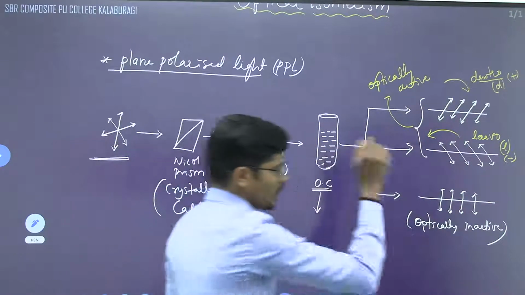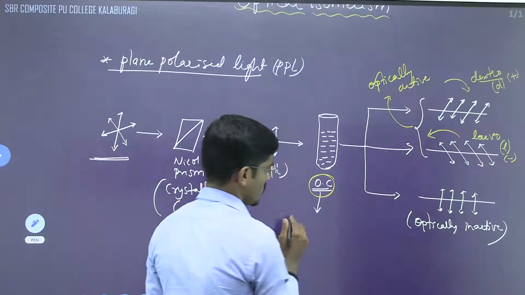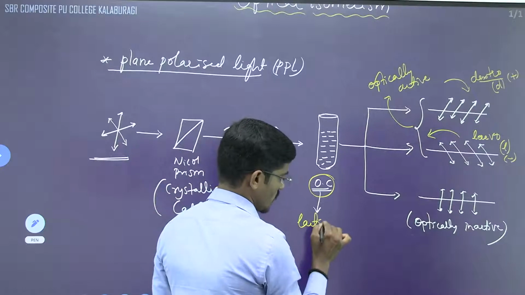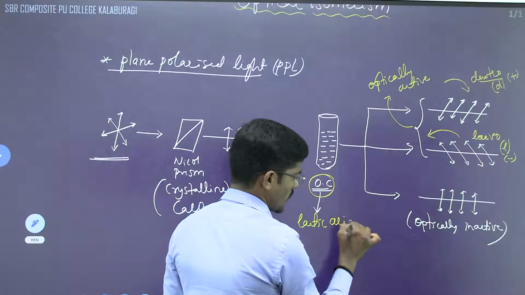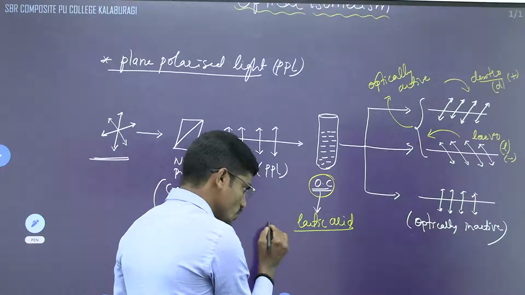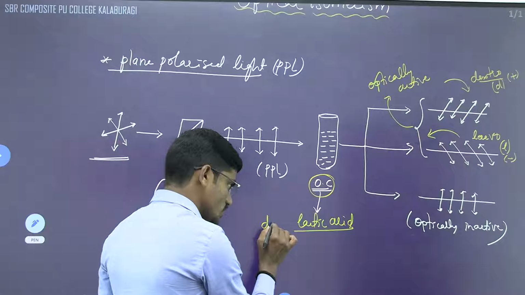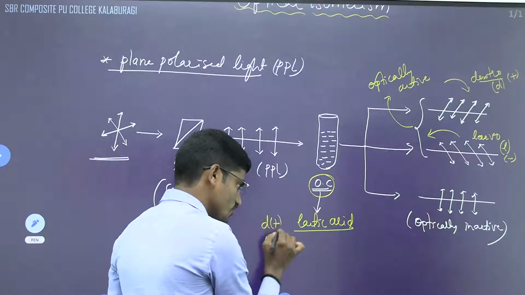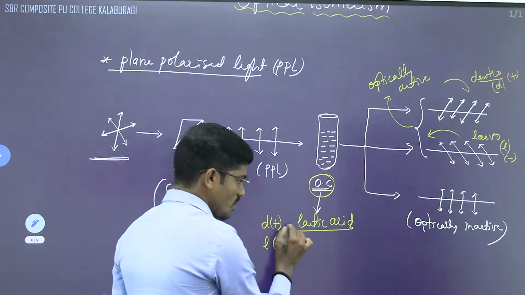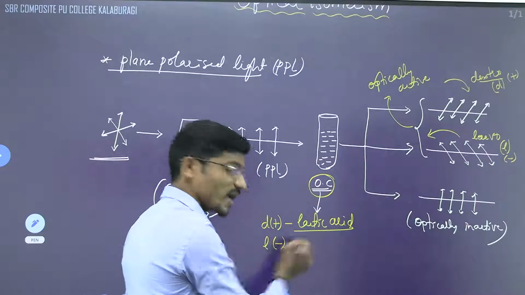For example, if the organic compound we have taken is lactic acid, or any organic compound, it can be represented using D or L, or the signs plus and minus: D lactic acid, L lactic acid, or plus lactic acid, minus lactic acid.